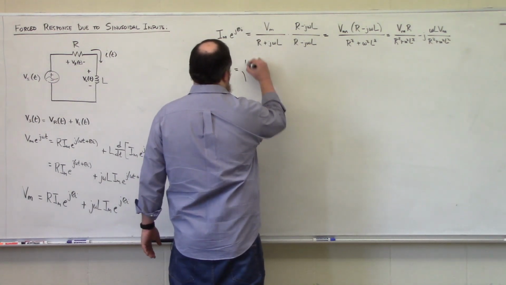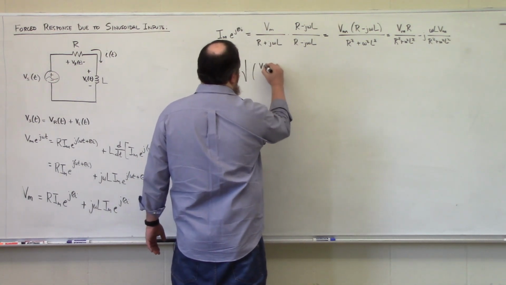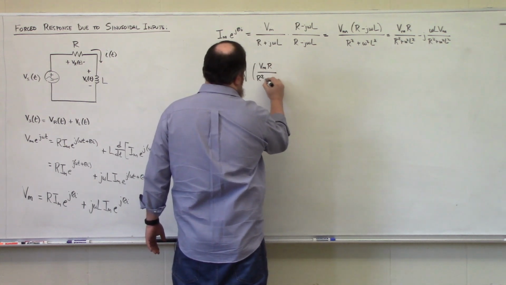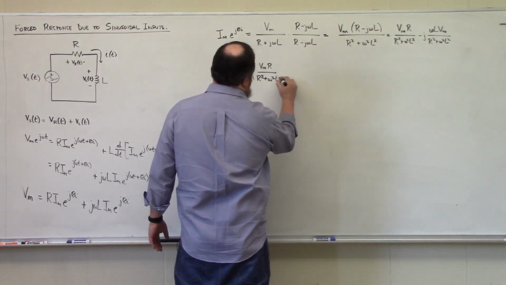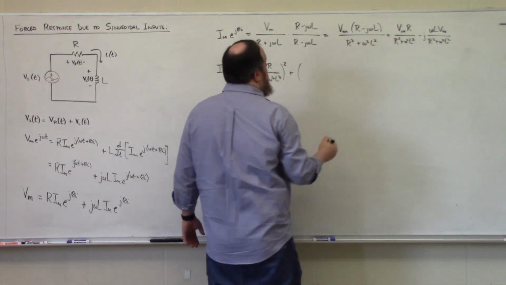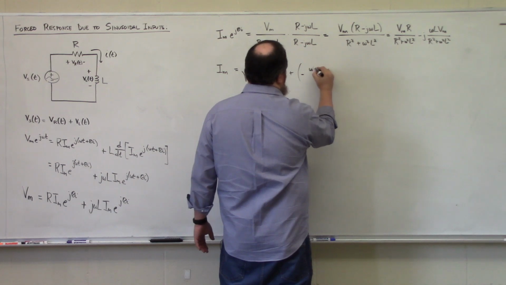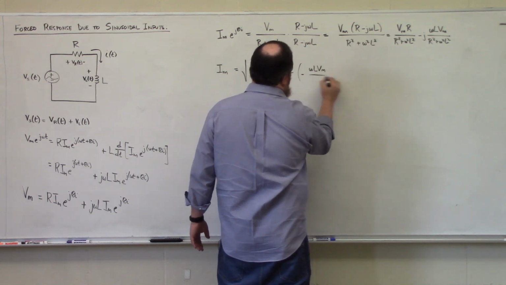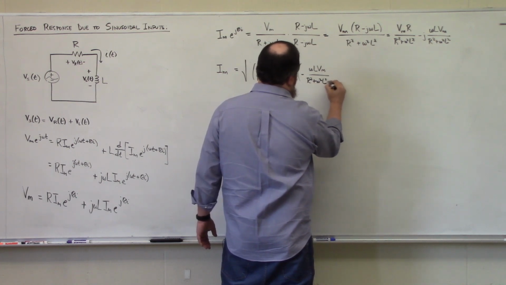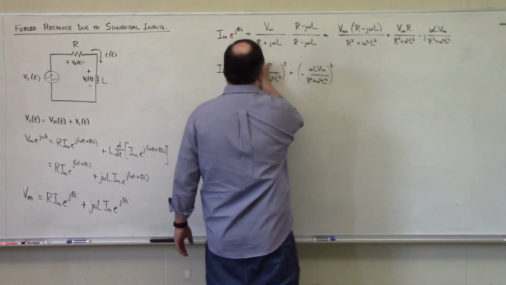So this is going to be Vm R divided by R squared plus omega squared L squared, quantity squared, plus negative omega L Vm divided by R squared plus omega squared L squared, quantity squared.